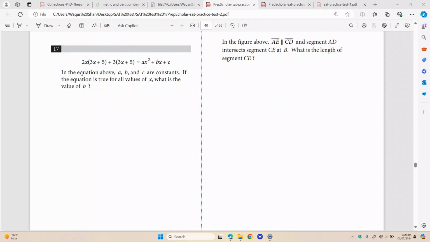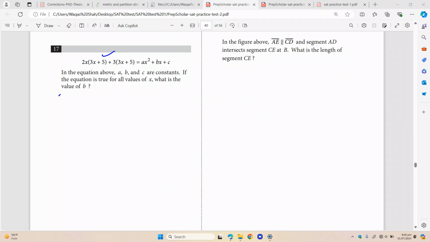In question 17, we have been given an equation, and it says that in the equation above, a, b, c are constant. If the equation is true for all the values of x, what is the value of b? Okay, so we have to simplify this. By simplification, I mean that we have to multiply this term with inside the bracket.